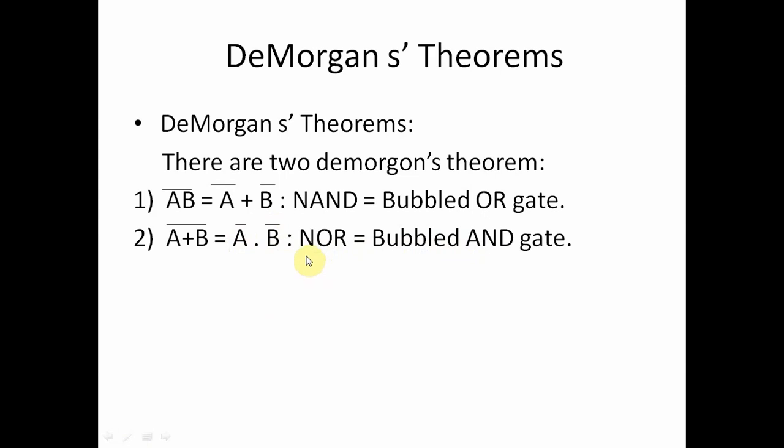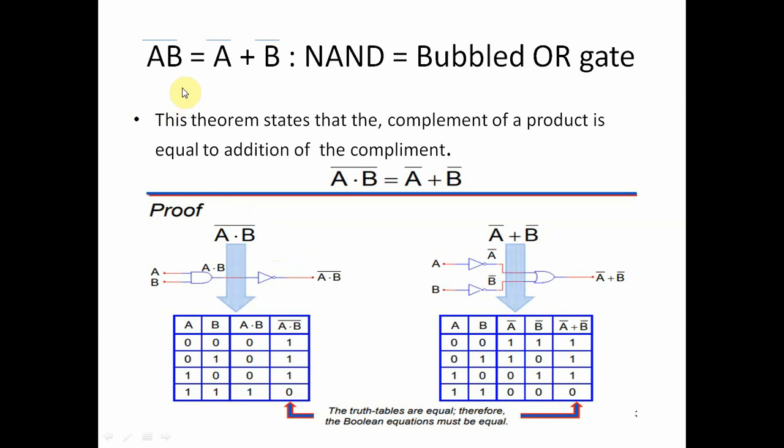Now we will see the meaning of (AB) bar equals A bar plus B bar and (A plus B) bar equals A bar dot B bar step by step. First one, (AB) bar is equal to A bar plus B bar. Here the NAND gate is equal to a bubbled OR gate. This is the statement of the first De Morgan's theorem.